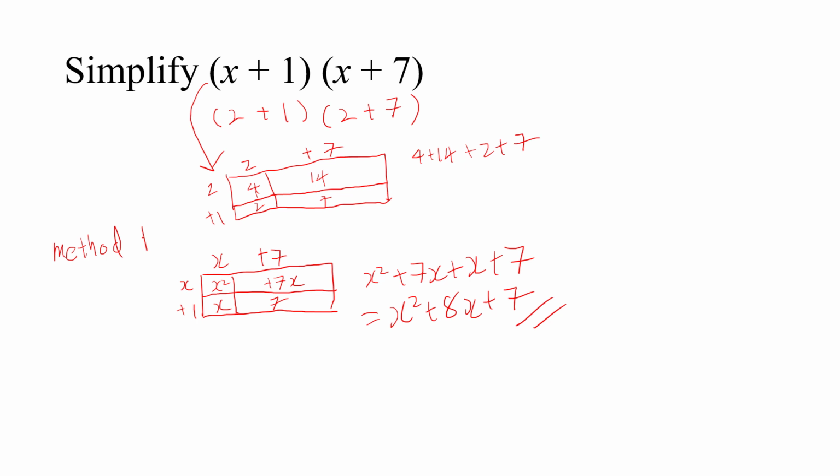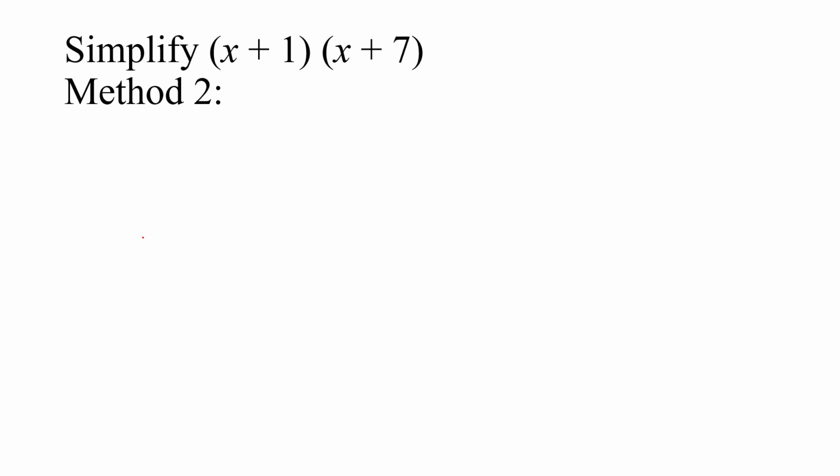So I hope that you have copied the method down. Let us look at method 2. So let me clear the board. And let's start with method 2. Now, one thing to take note of is, I will strongly encourage all of you to use method 2. But for method 2, there's a disclaimer.